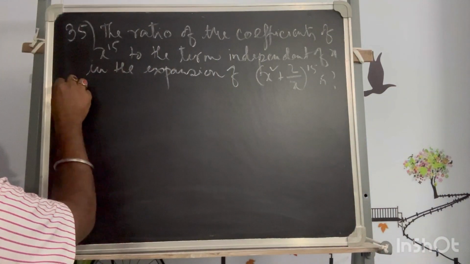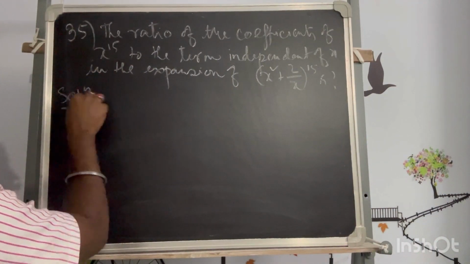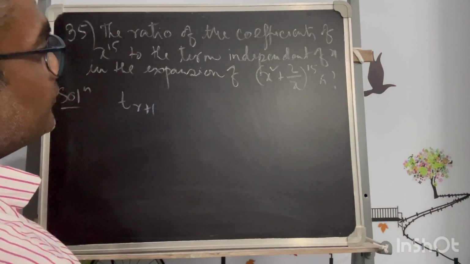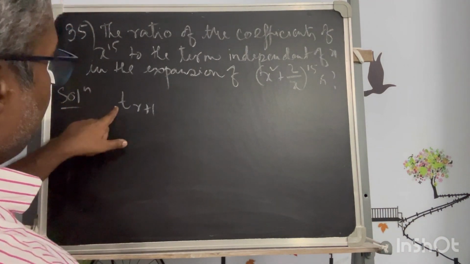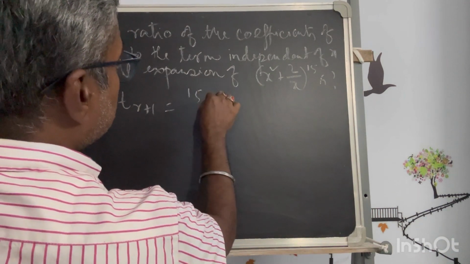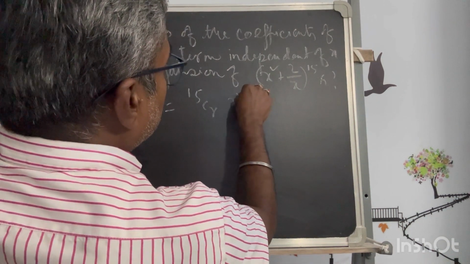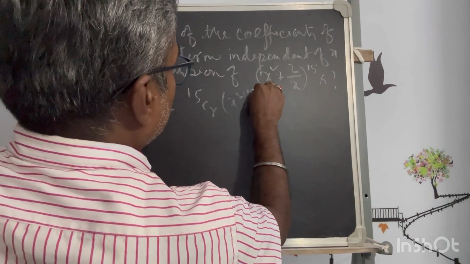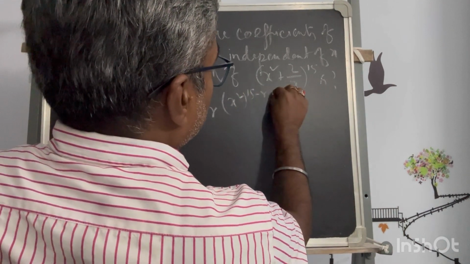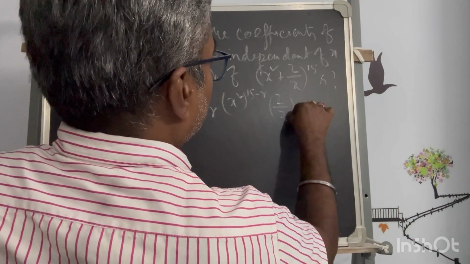So this is a very basic rule. What we have to find is the general term of that expansion, T(r+1). The term x² gets 15 − r as its power, and the second term gets power r.